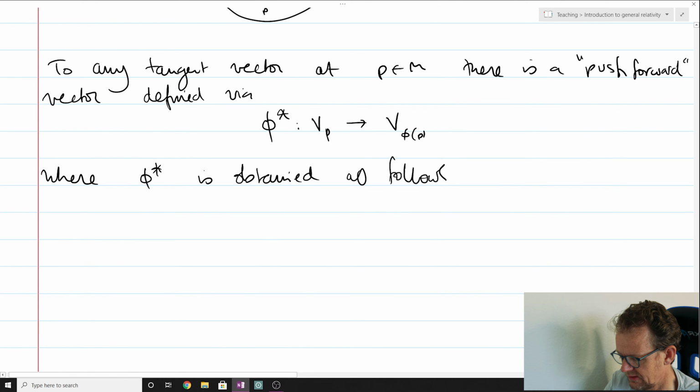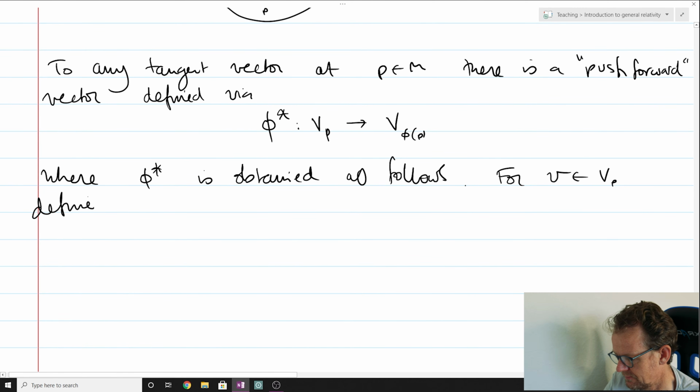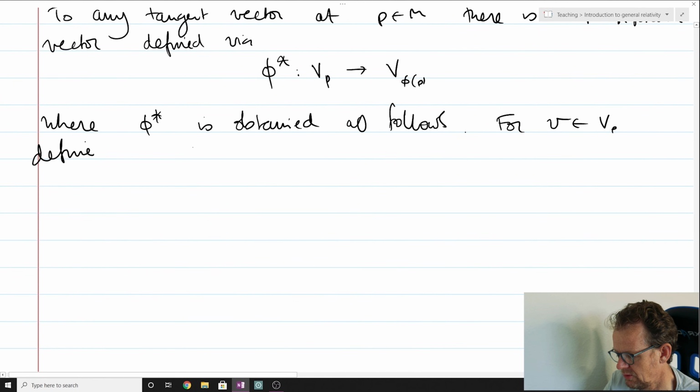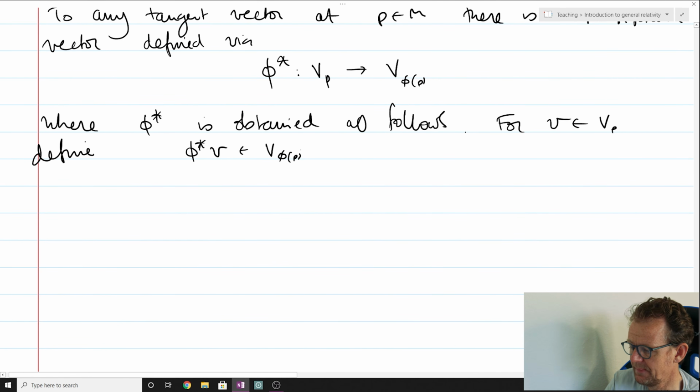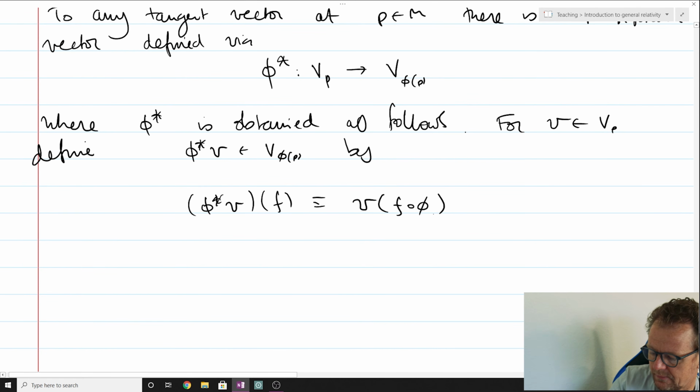Well, phi star is defined as follows. For some tangent vector v at a point P on the manifold M, we're going to define a new tangent vector, phi star v, which lives at the corresponding point phi of P in the manifold N, by this formula here. Phi star v, when evaluated on a function f, is just defined to be v evaluated on f composed with phi.